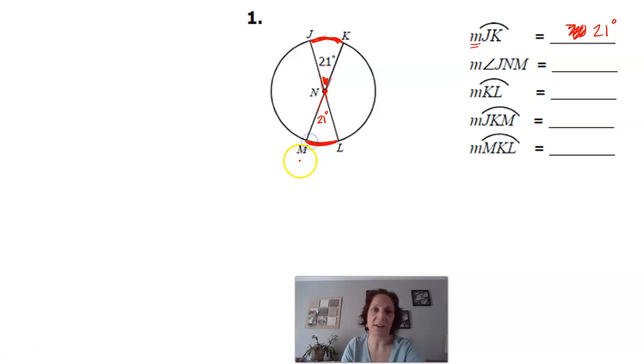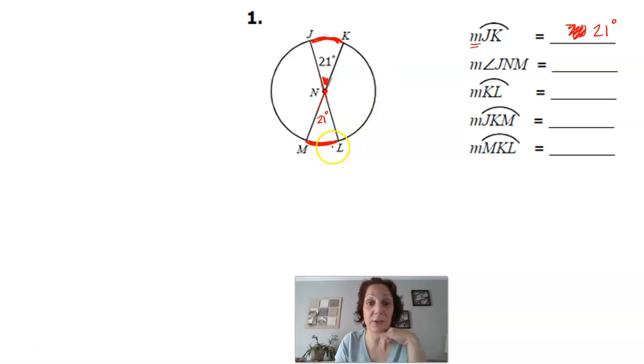So let's see if it asked us either of those. Did it ask us for this angle, MNL? Nope. Did it ask us for this arc, ML? Nope. It asked us for arc KL. It asked us for JKM, that's another arc, and MKL, that's another arc.